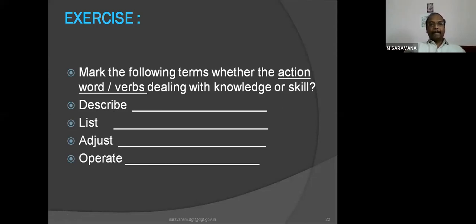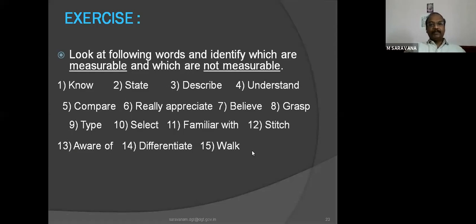Okay, fine. Then next, 15 verbs are there. Which are measurable, which are not measurable? Look at the following words and identify which are measurable and which are not measurable. Know, state, describe, understand, compare, really appreciate, believe, grasp, type, select, familiar with, stitch, aware of, differentiate, and walk.